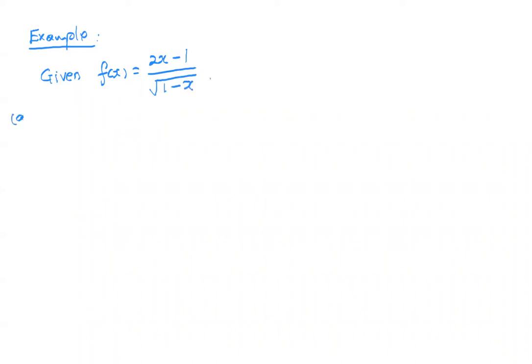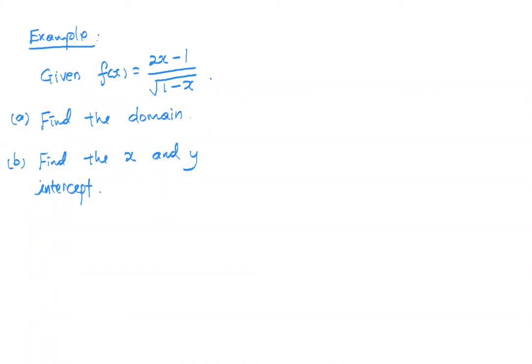A: find the domain. B: find the x and y intercepts. Then what else do I want to say?